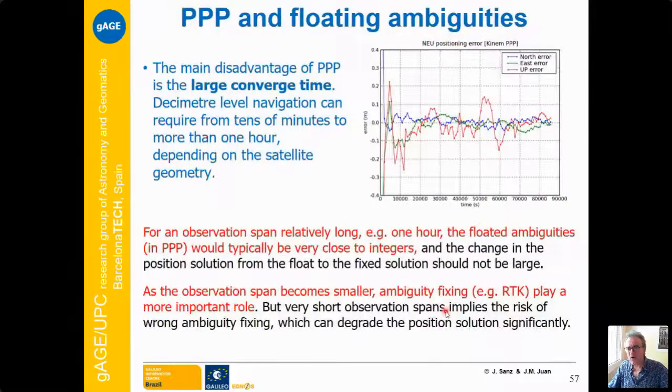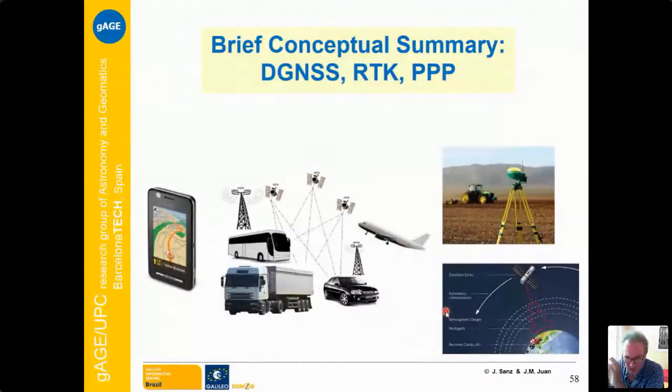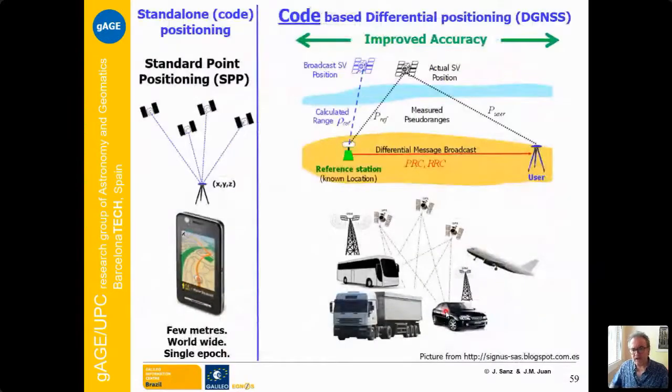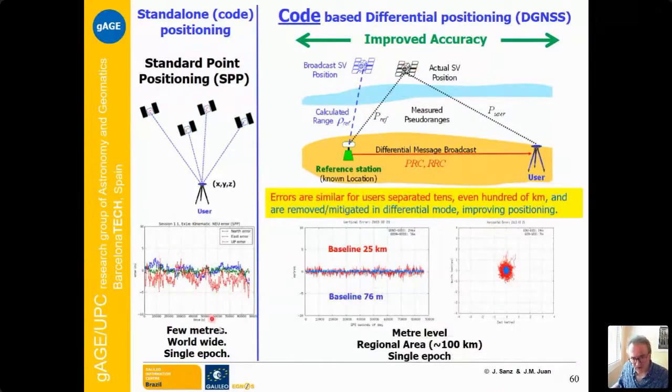Okay, then let's have a summary of the whole presentation. Remember, at the beginning, we started with code-based positioning. This is standalone, and this is code-based. In standalone positioning, we have a few meters of error, worldwide, single epoch.